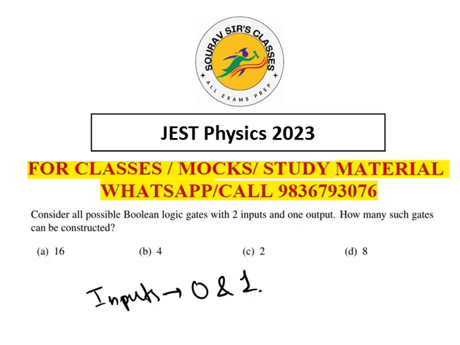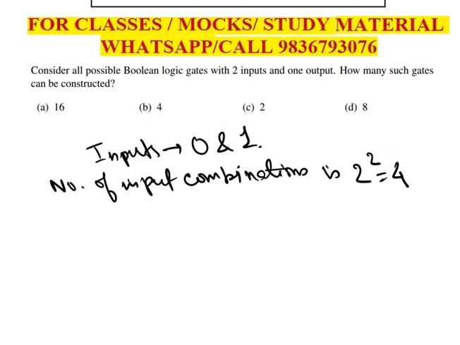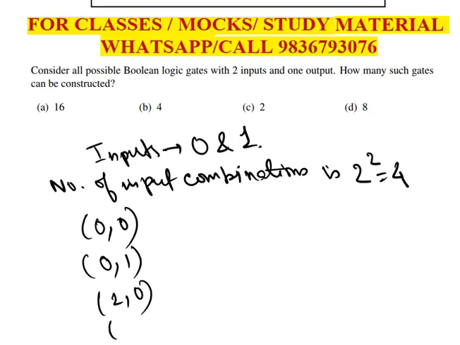So the number of input combinations is 2 to the power 2 equal to 4, right? So this may be 0 0, 0 1, 1 0 and 1 1, right?